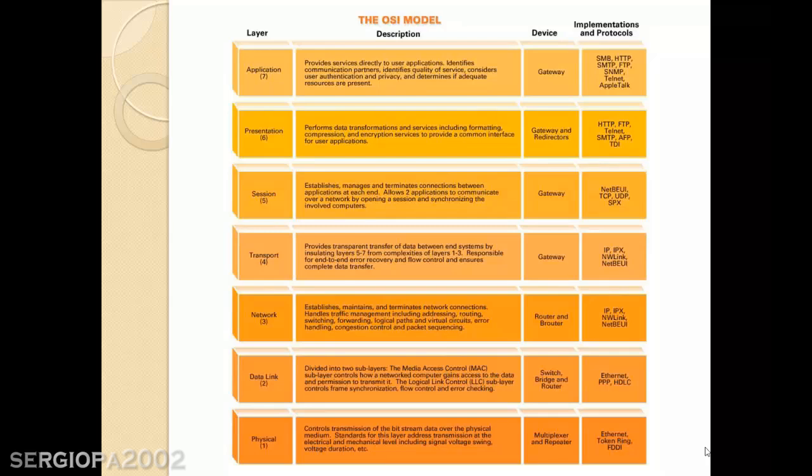So again, this is another end-to-end layer, with end-to-end protocols, of course, and it allows 2 applications to communicate over the network by opening a session and synchronizing the involved computers. This is very important, and that's why it's called sessions, because what it does is create point-to-point sessions. And of course, it's responsible for managing those sessions, opening and closing.